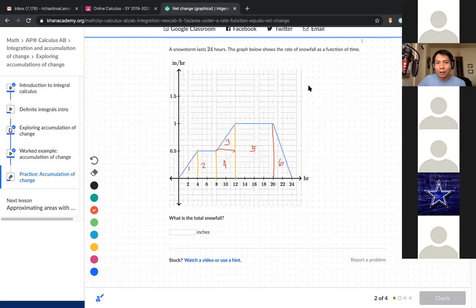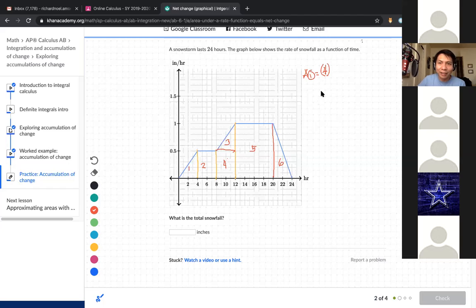Let's take a look at area number 1. It's a triangle, so our base would be 4, right? Our height would be how much?